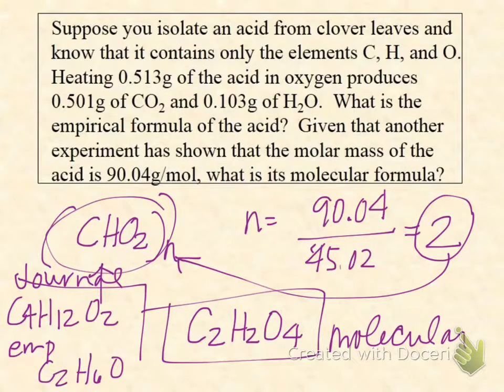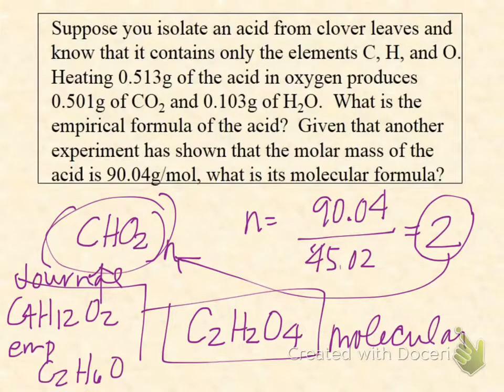Yes. So why at the very beginning do you multiply it by its molar mass? Or you mean divide by its molar mass? Yeah, like whenever you get the moles of carbon, why are you multiplying it by 12.01? Oh, because we need to know what mass of carbon we had in that compound and what mass of hydrogen were in that compound, so that we could see what the mass of oxygen is.